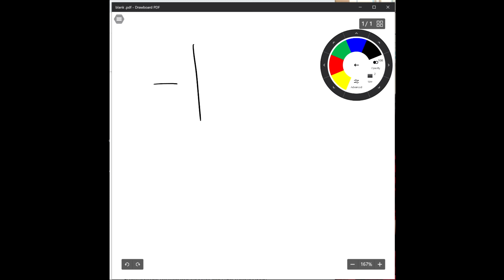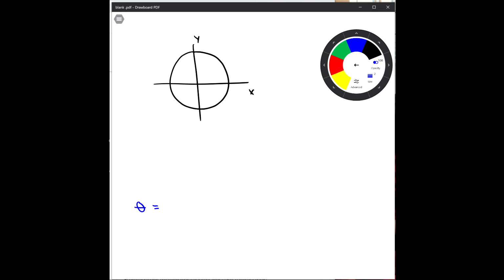I'll redraw the unit circle, label y and x, and do the same thing. I give you the original angle. Let's make up some weird number, maybe 287 degrees.